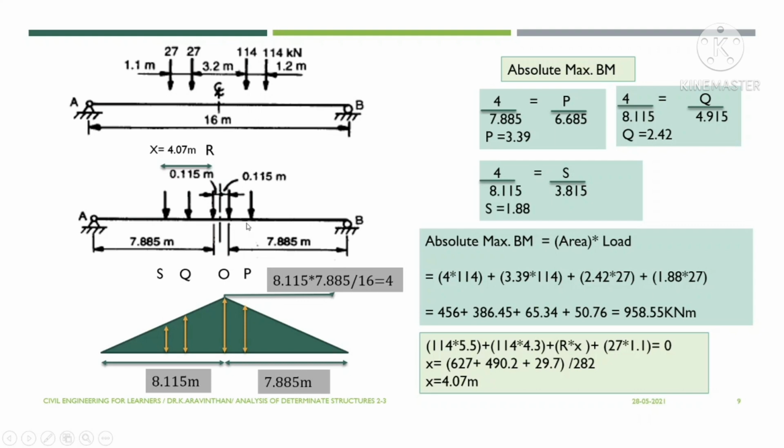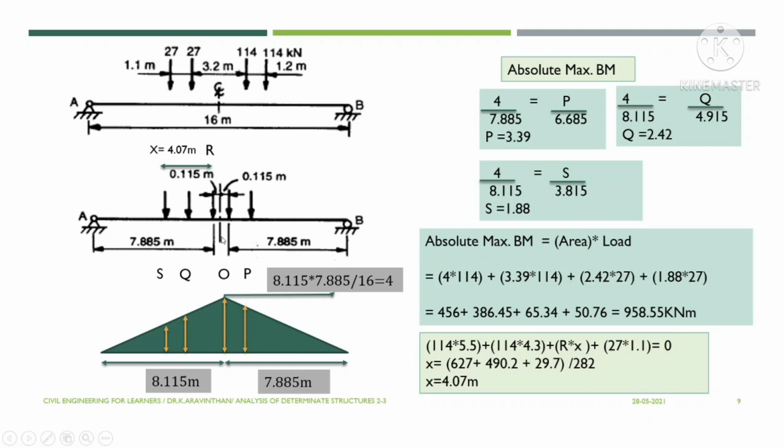This centroid is exactly at 8 meter. If I subtract 8 minus 0.115, I will be getting 7.885. So I have located this exactly at 7.885 meter as the midpoint, and the remaining distance will be 8.115 meter.